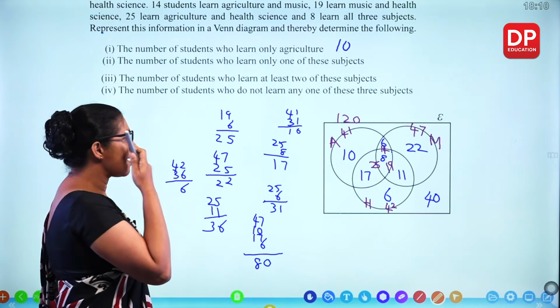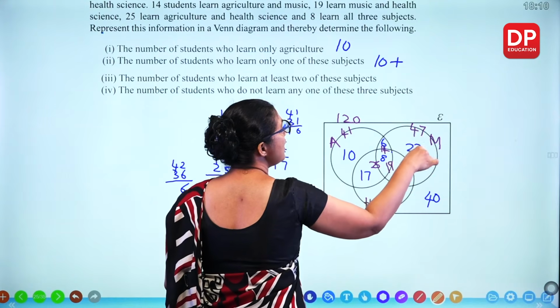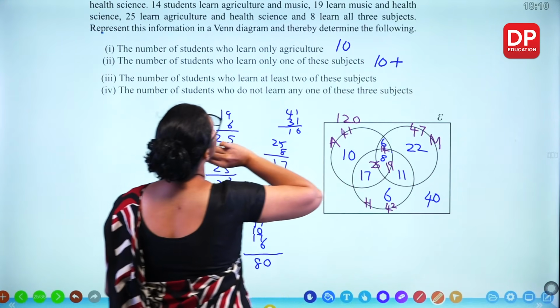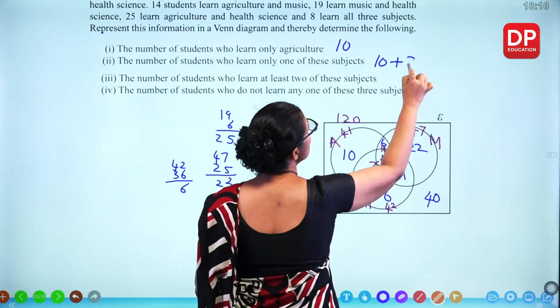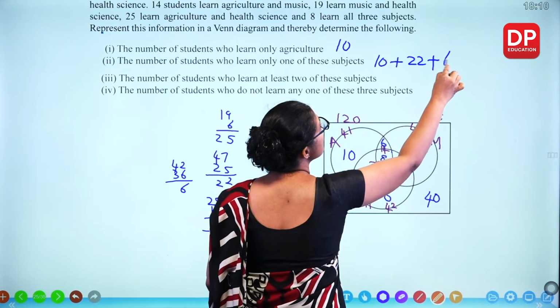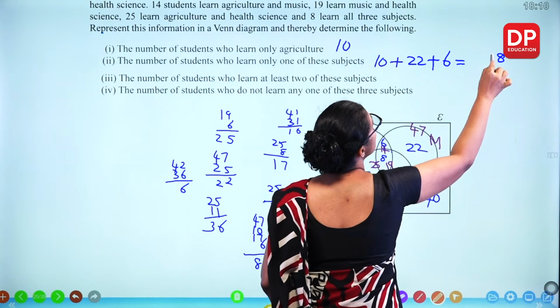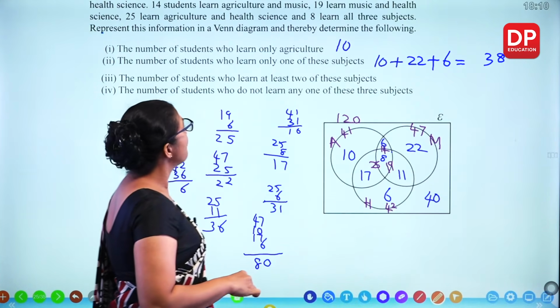Only one of these subjects, either 10, that means agriculture, or only M. M means music, that's 22, or only health science, that's 6. So you get 8 and 3, 38.